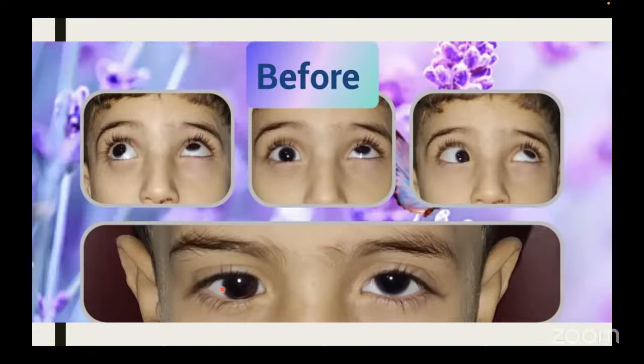So the patient, rather than having hypotropia, will have hypertropia after the surgery. That actually happens in patients with superior oblique tenotomy or tenectomy. In 25% of the patients, one quarter, will develop overcorrection.